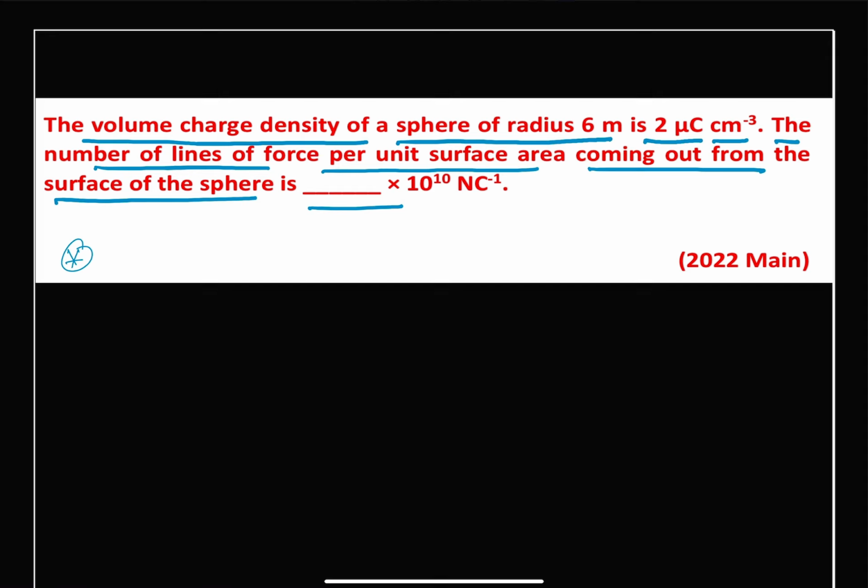Flux density is given, radius is also given. So let the total charge enclosed be Q. Q will be equal to charge density multiplied by volume, that is 4 by 3 pi r cube.